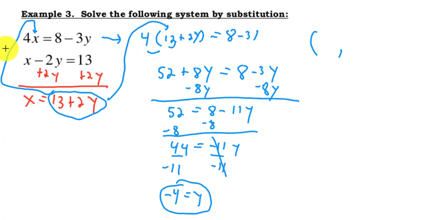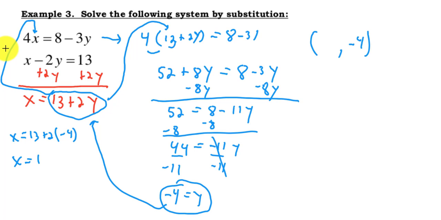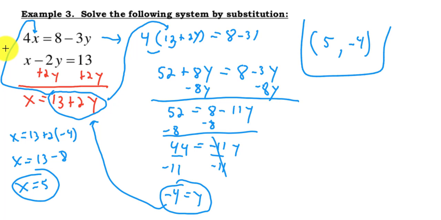So it's something comma negative 4. So we have to figure out what the x is. Simply take your negative 4 and plug it into y here. If y equals negative 4, we can write x equals 13 plus 2 times negative 4 to get x equals 13 minus 8. Looks like x equals 5. So the ordered pair is 5 comma negative 4.